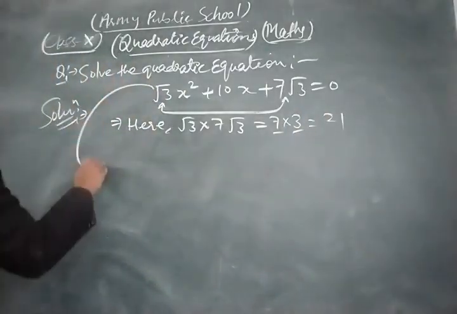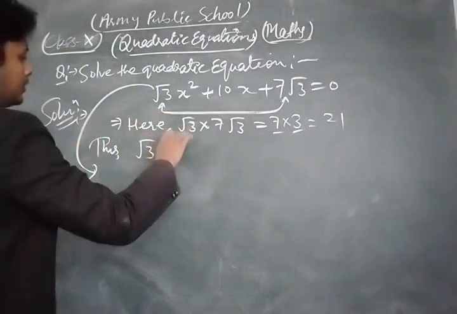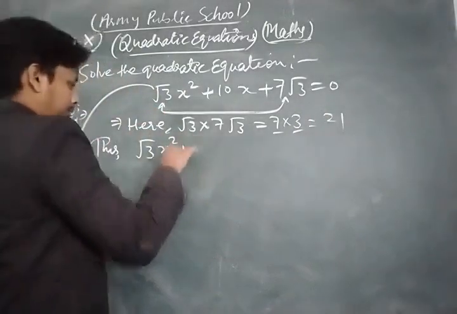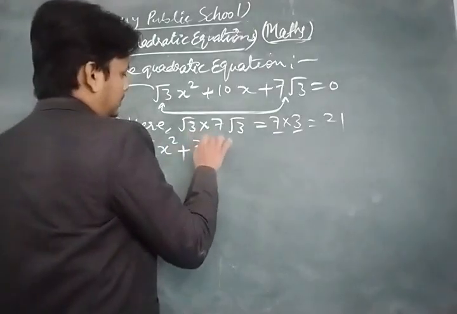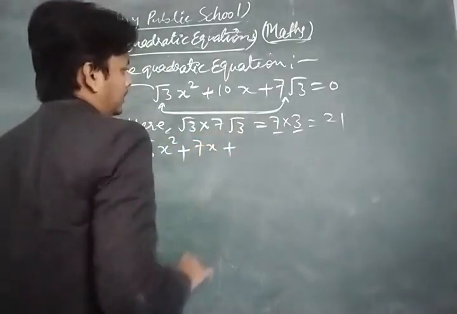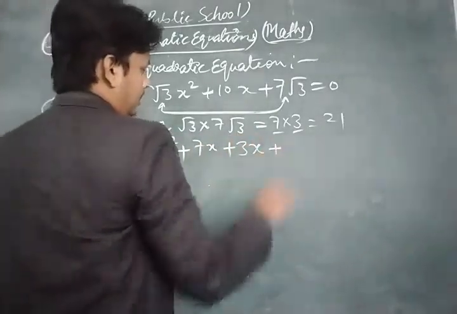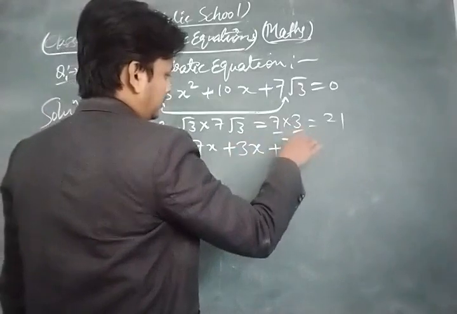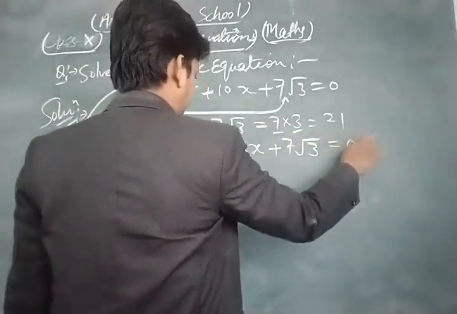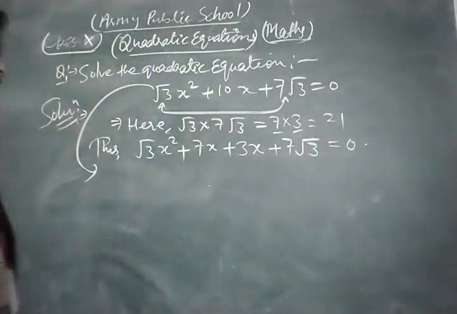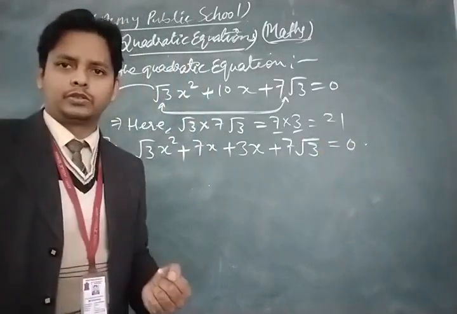Thus we can write root 3x square plus 7x plus 3x plus 7 root 3 is equal to 0. Okay, so we split the middle term.